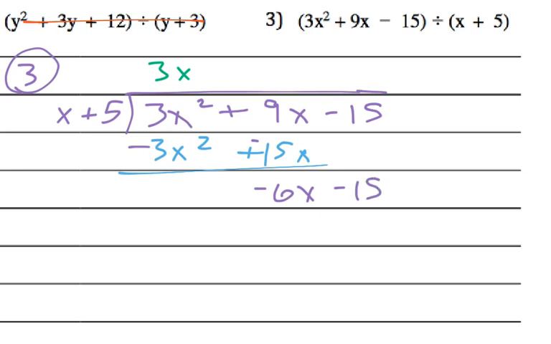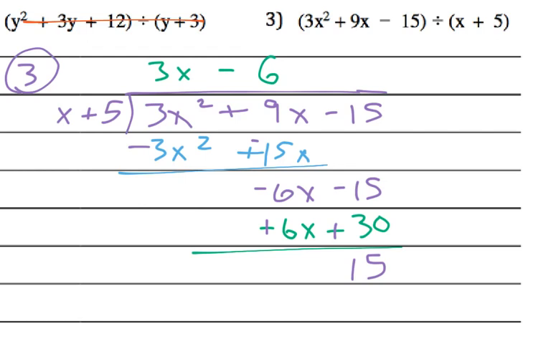And then when I try to fit in to the 6x, it fits in 6 times, but really negative 6 times. So now I'm doing negative 6 times x to give me negative 6x, negative 6 times 5 to give me negative 30, and then when I subtract it, these signs change, which means that those terms go away, which is perfect because that's what was supposed to happen, and I'm left with 15.